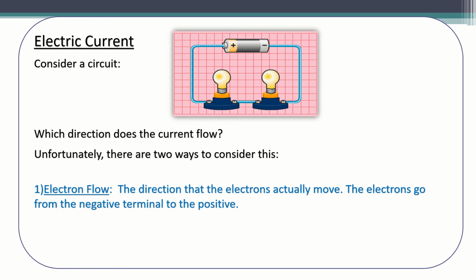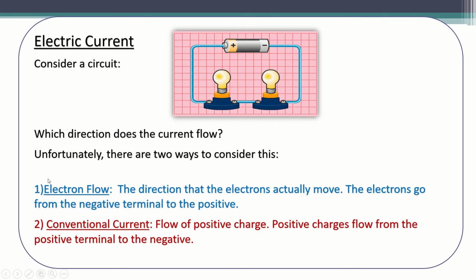So there's two ways we can represent electric current. So either using the electron flow from negative to positive, or the conventional current, which is made of positive charge flow, and it flows from positive to negative terminal. Now, in our case, we're going to be looking at the conventional current flow.